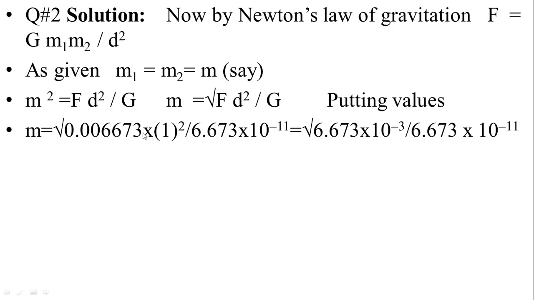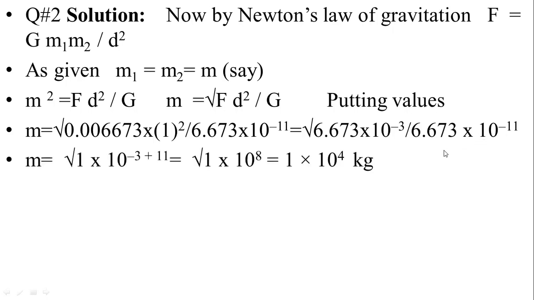Now the value becomes 6.673 multiplied by 10 raised to power minus 3 upon 6.673 multiplied by 10 to the power minus 11. The answer m is equal to 1 multiplied by 10 to the power minus 3 plus 11.